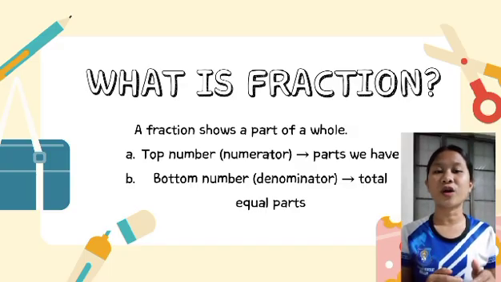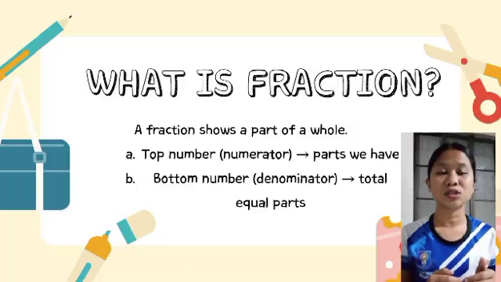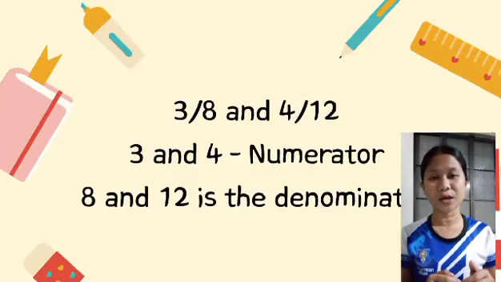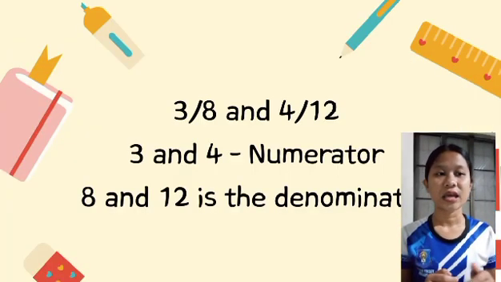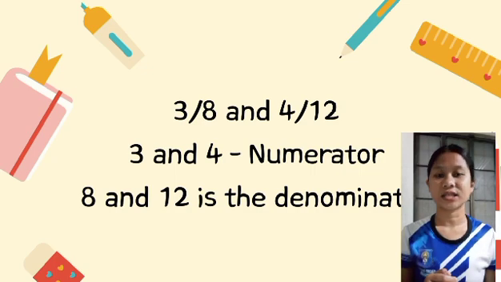The top number of a fraction is called the numerator, and it shows the number of parts we have. And the bottom number is called the denominator, and it shows the total number of equal parts the whole is divided into. For example, 3/8: the pizza is cut into 8 slices, and we have 3 slices.